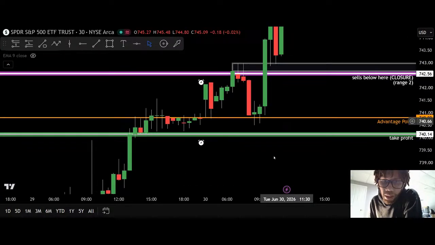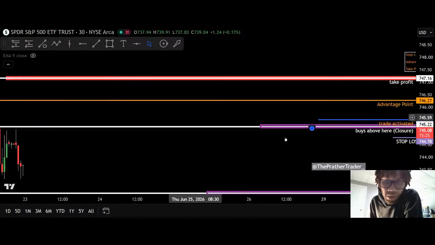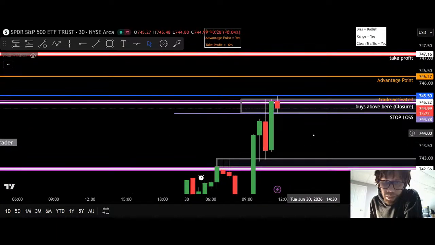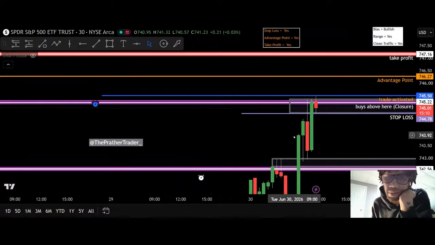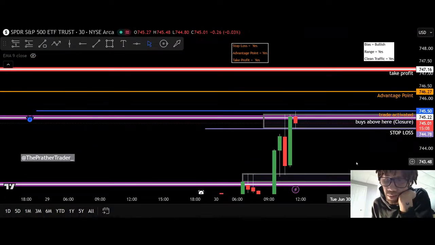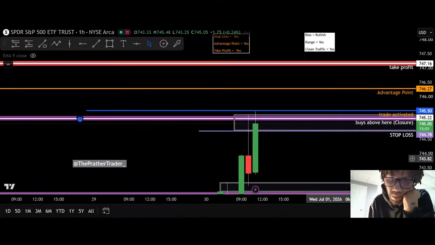Okay. We got clean candles coming down, clean candles going up. Okay, the 15-minute looks like they're trying to make a resistance.